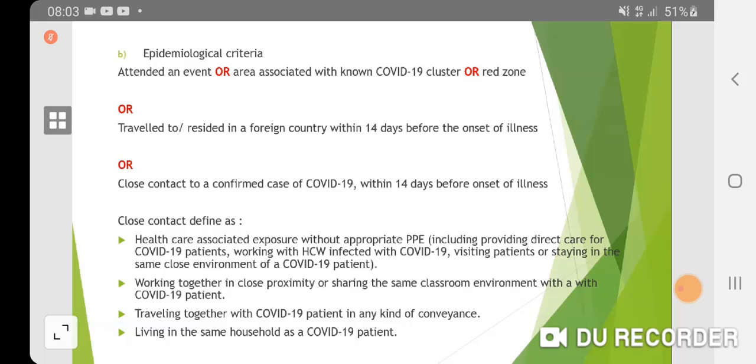Besides that, working together in close proximity or sharing the same classroom environment with a COVID-19 patient, and also traveling together with a COVID-19 patient in any kind of conveyance, and also living in the same household as a COVID-19 patient. This is the close contact.